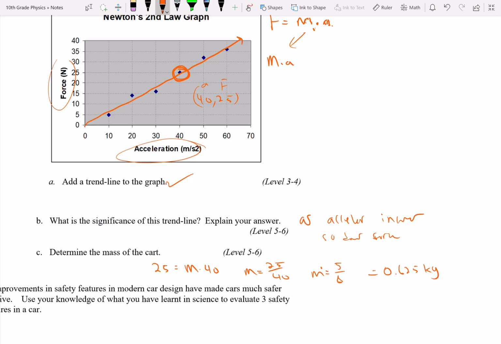If you used a different point, or if your trend line looks slightly different, then you might get a slightly different value, right? I think the answer key in the book uses this point. I don't know what the answer key in the book uses, but this is good.